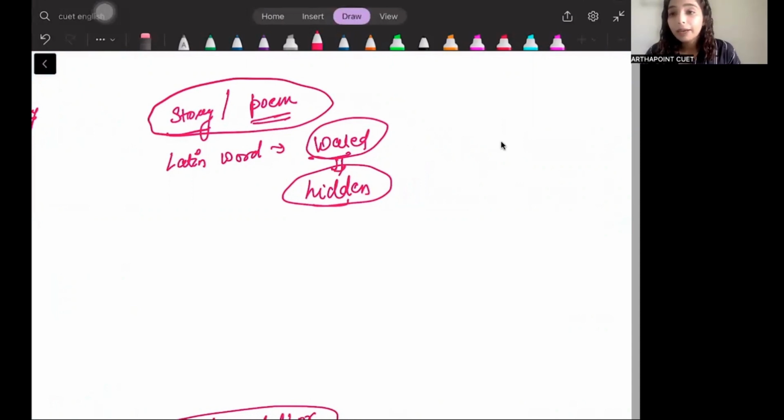What does this mean? An allegory can be any poem or story or picture in which the meaning is hidden, right? Your meaning will not be straightforward. It would be indirect, it would be hidden. So allegory makes use of extended metaphor.